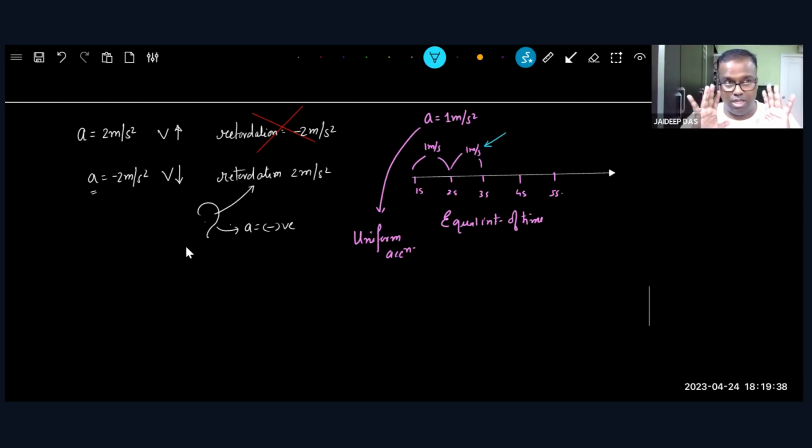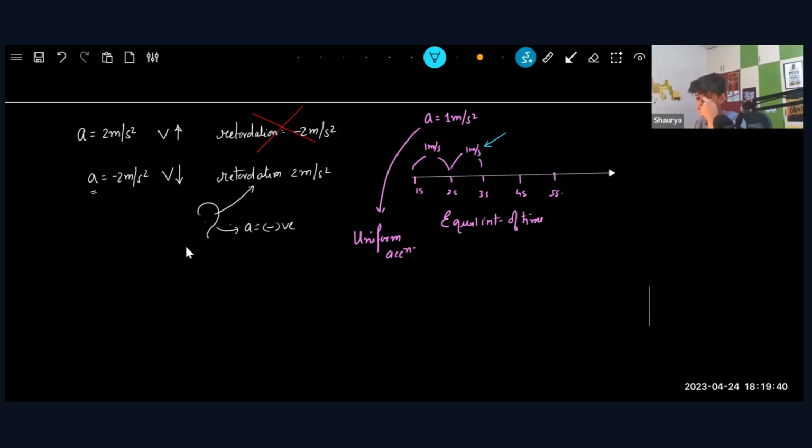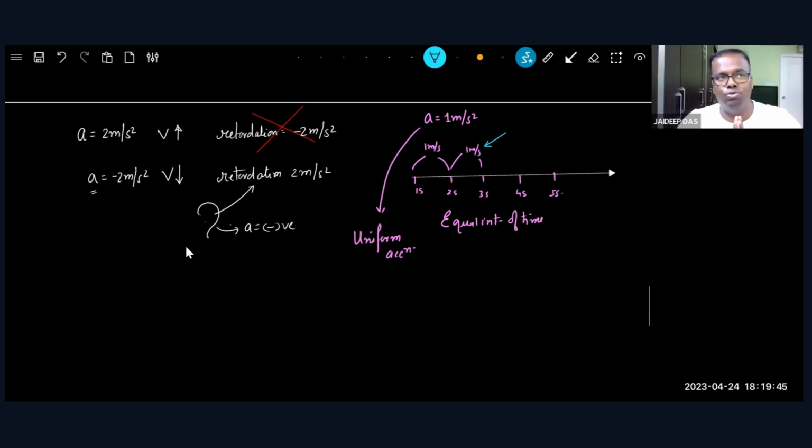Have you understood? First, understand it. A body is said to move with uniform acceleration. Uniform acceleration does not mean uniform speed. How is the engine sounding? That's uniform acceleration. That is not uniform velocity. Many children confuse that.